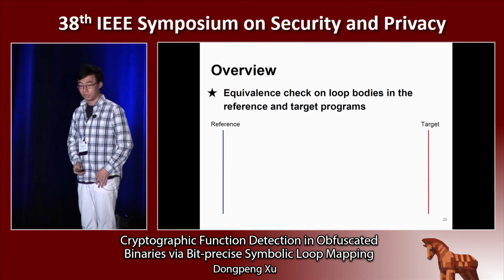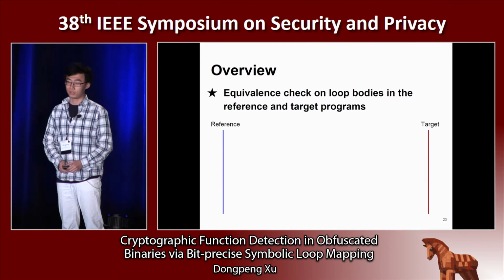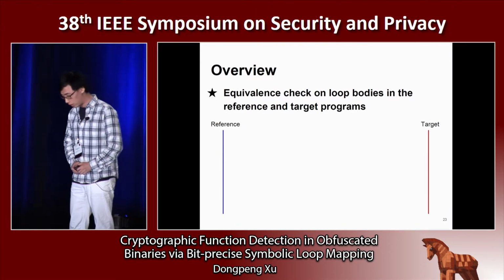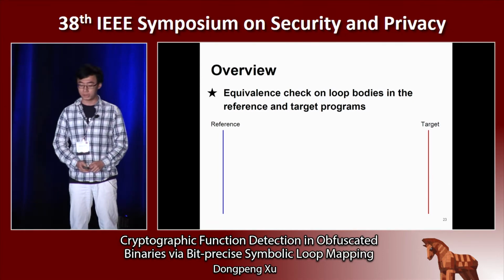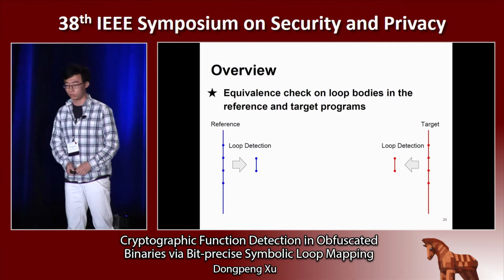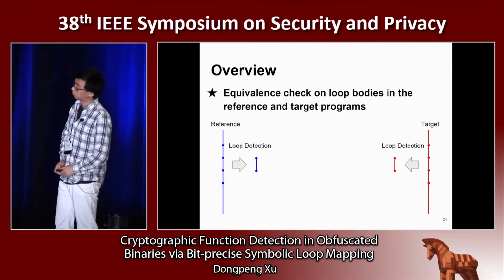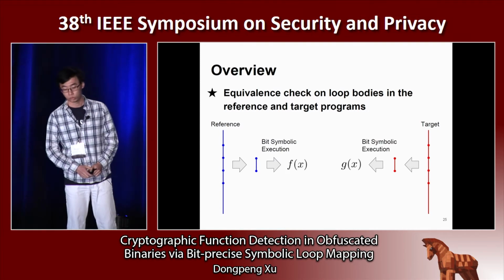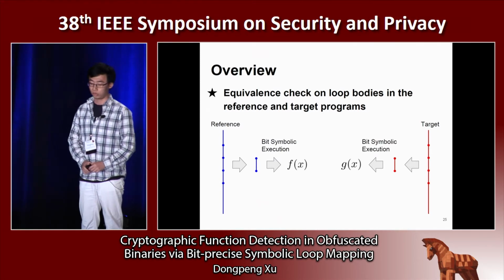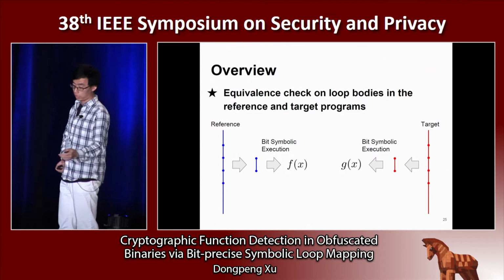Here, the blue line means the reference trace, and the red line means the target trace. Then we run loop detection on both traces to extract the loop bodies. After that, we run bit symbolic execution to transform the loop bodies into Boolean formulas, here fx and gx.